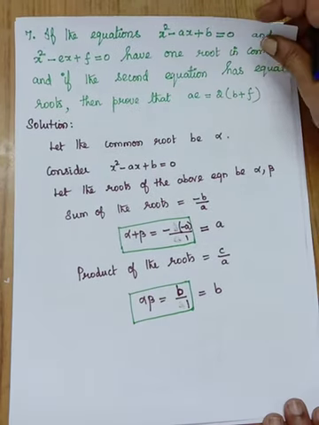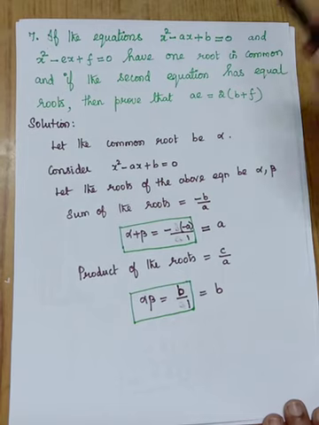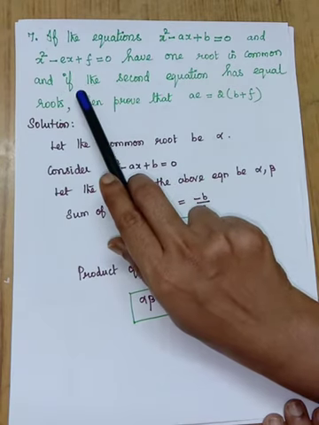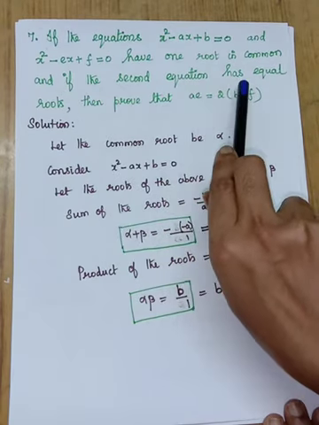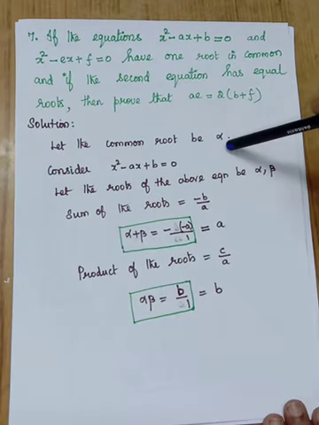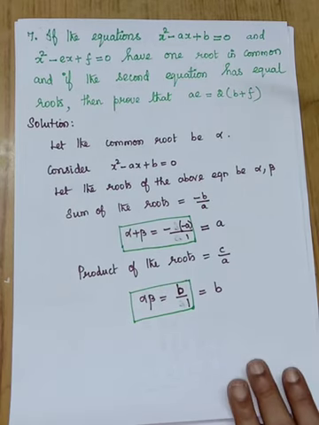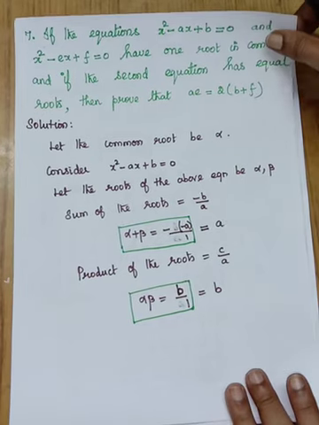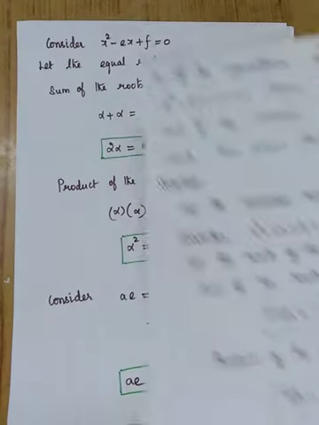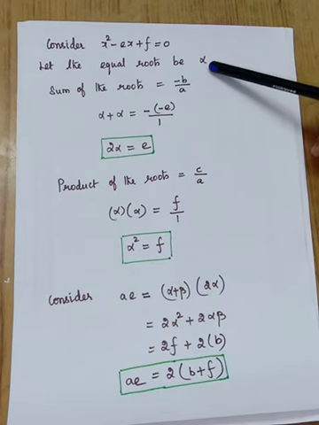Okay, take the next equation. What is it? X squared minus ex plus f is equal to 0. See, what is the condition given? If the second equation has equal roots. So already we have mentioned for the two equations, alpha is the common root. So, the second equation has equal roots means the roots of the second equation are both alpha.